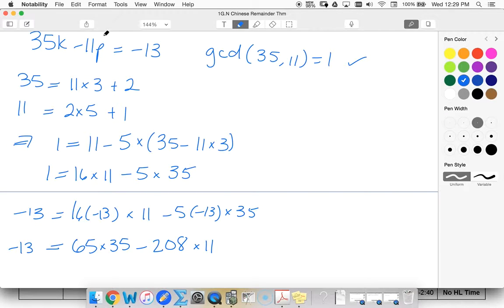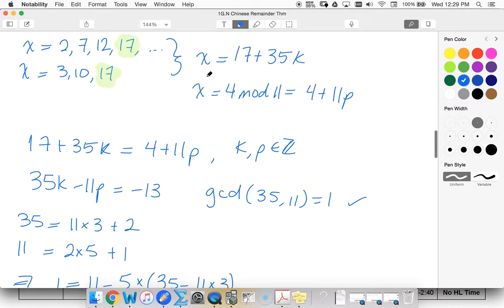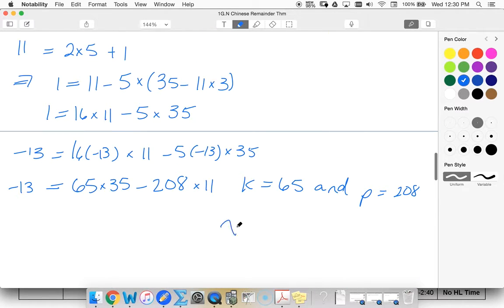This implies then from this equation up here, k is equal to 65, and my p value is 208. Using either one of those, I can substitute into my initial equation up here. So if I look at my x value, then x was equal to 17 plus 35 times the k value.